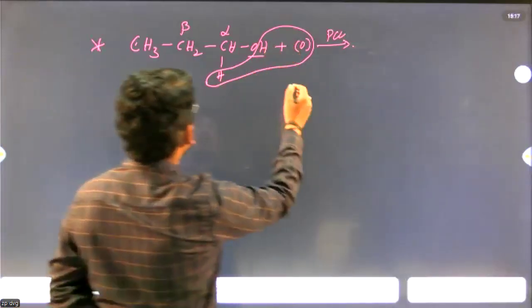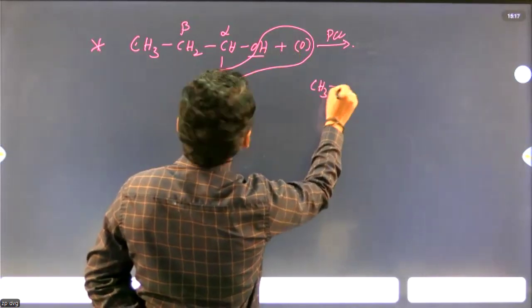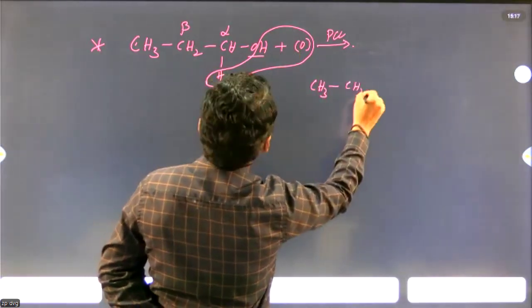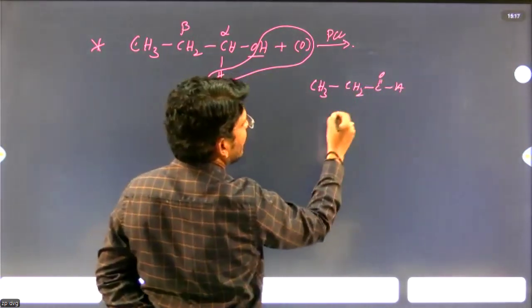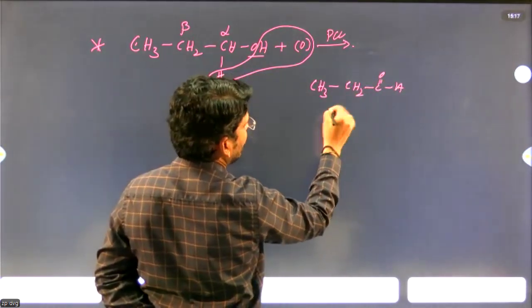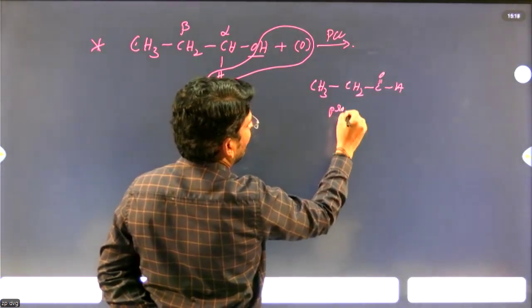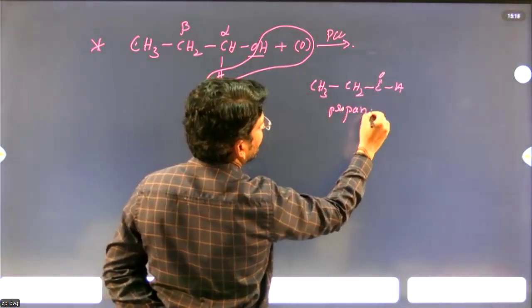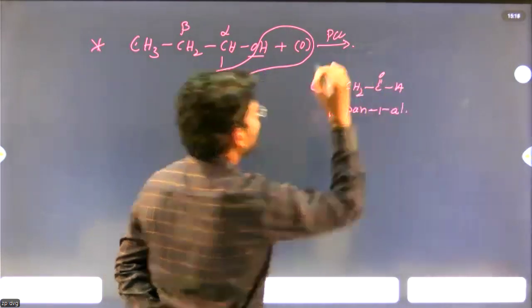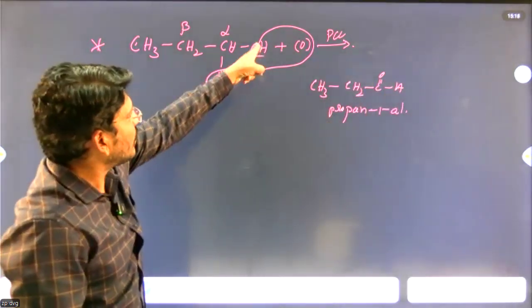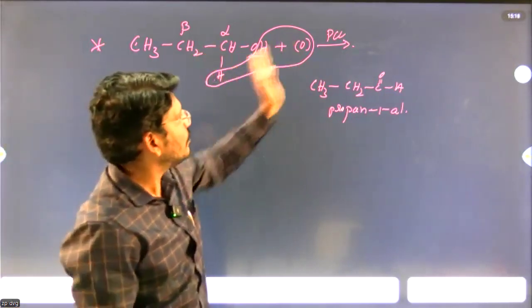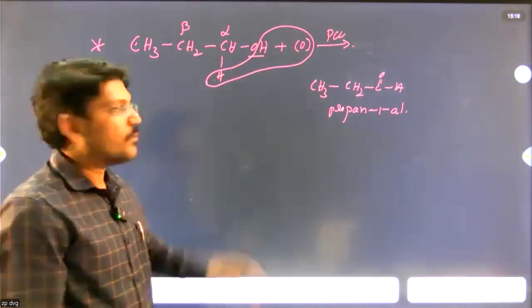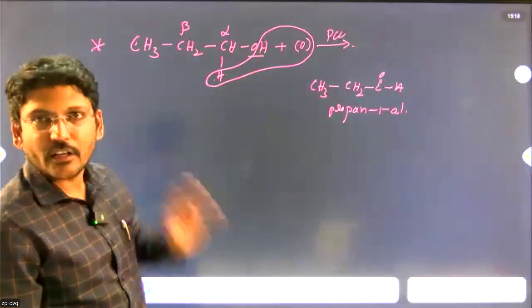Then finally we get CH3CH2CH=O. The name of this compound is what? Propanaldehyde, otherwise propan-1-ol. Observe carefully: the hydrogen atom present on oxygen and the hydrogen atom present on the alpha carbon atom, along with one oxygen, are both completely removed. So we get aldehyde as the final compound.